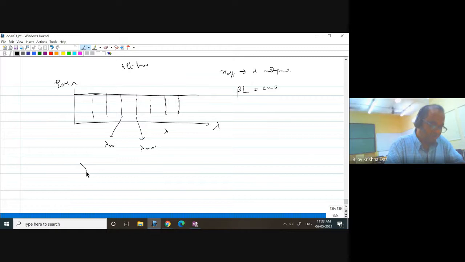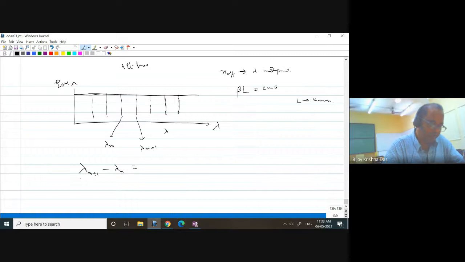Now, can you quickly calculate what is the value of this one? Will that be something constant, or what would be the expression for this? N effective is known, L is known.